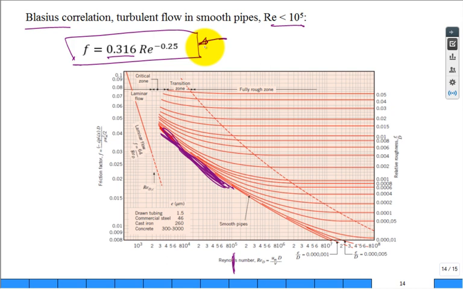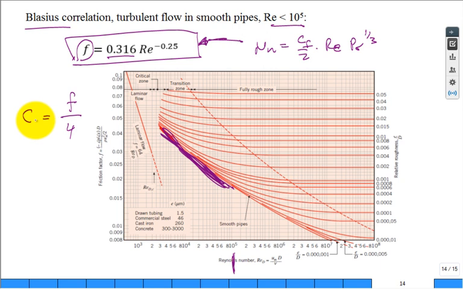So the modified Reynolds analogy will be used with a simple correlation like this to get a Nusselt number as a function of the Reynolds and Prandtl. What was our thing? It was C sub F over 2 times the Reynolds times the Prandtl to the 2/3. That's our modified Reynolds. So you say, well, this is my friction factor, but the friction factor divided by 4 is C sub F, true?